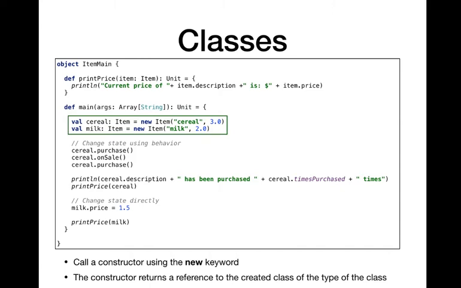I could say, for example, if I wanted a new class named breakfast item, I could have that class inherit all of the properties of an item, and then I could say serial of type item equals new breakfast item, and as long as it inherits everything, it has all the state and behavior from item, I can still do that. So technically no, but at least for our purposes now, it's going to be yes.